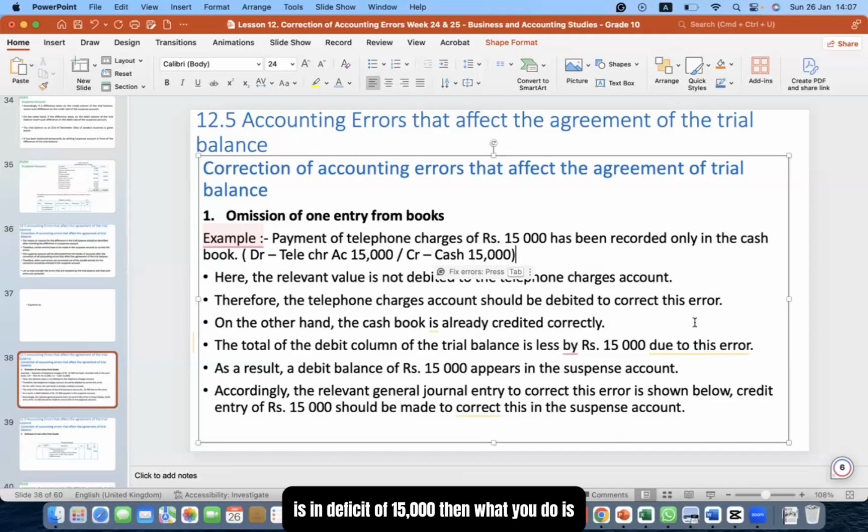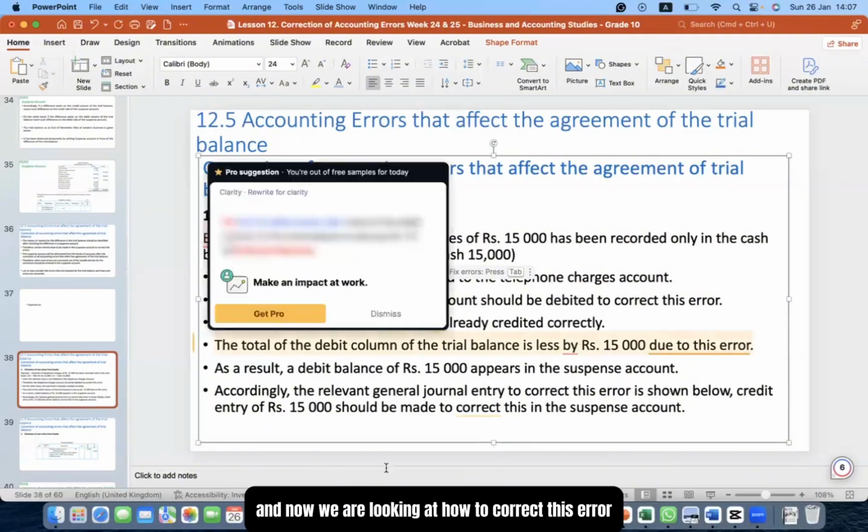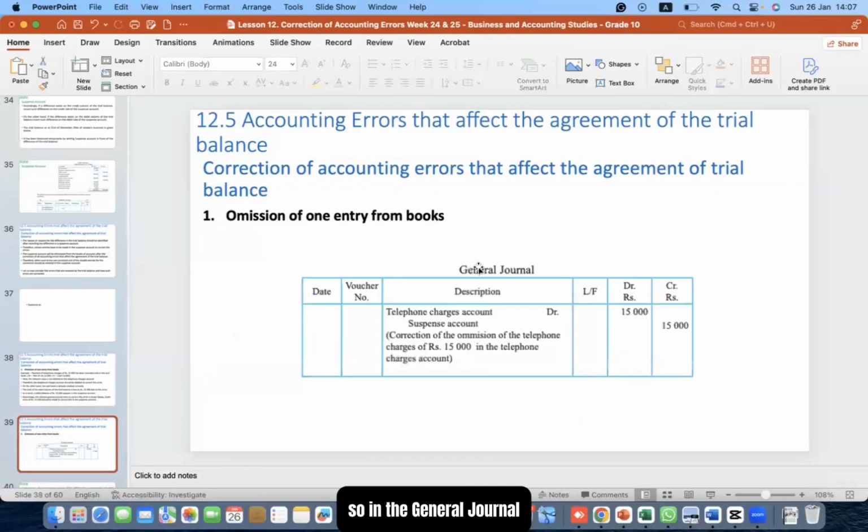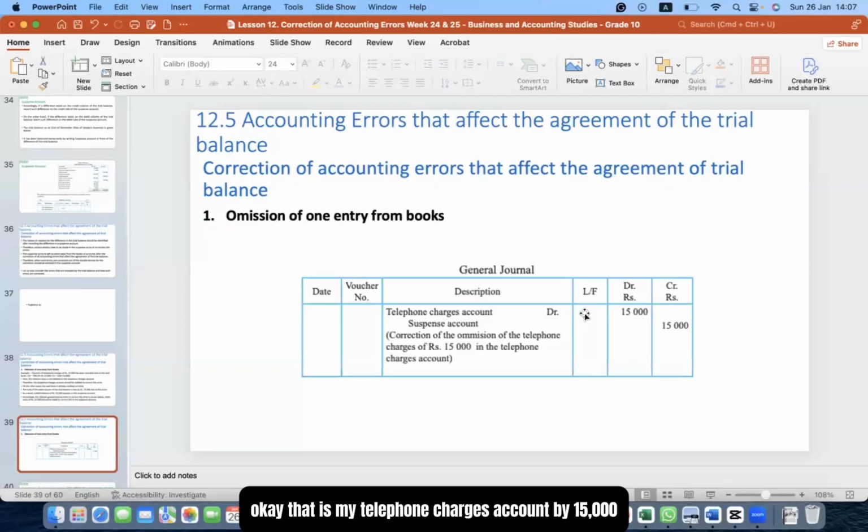Then what you do is create a suspense account and pass 15,000 onto the debit side of the trial balance. Later on you find this out, and now we are looking at how to correct this error. In the general journal, we debit the correct account, the telephone charges account, by 15,000, and credit the suspense account by 15,000.